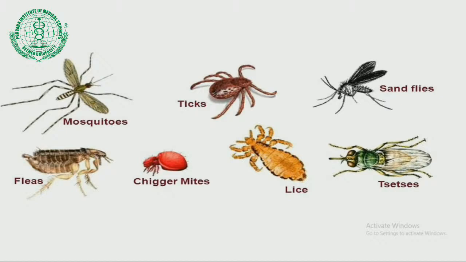And there might be a difference in the presence or position of the proboscis. Proboscis is the organ which is used for sucking blood or tissue fluid or nutritive material for that particular vector.